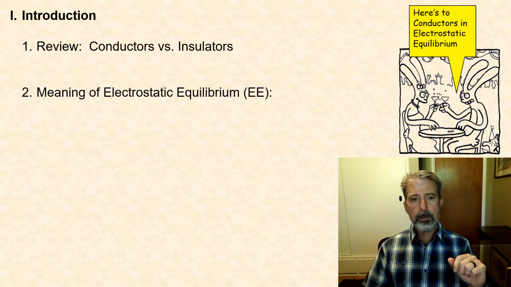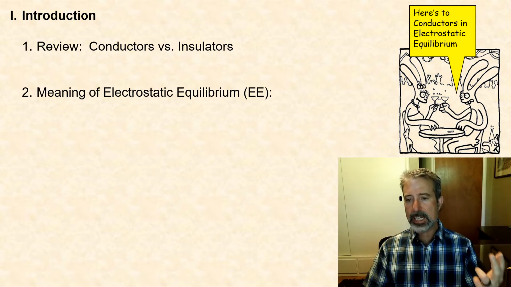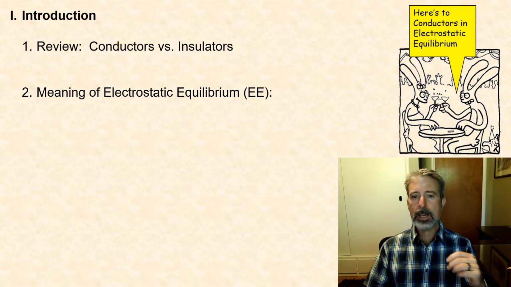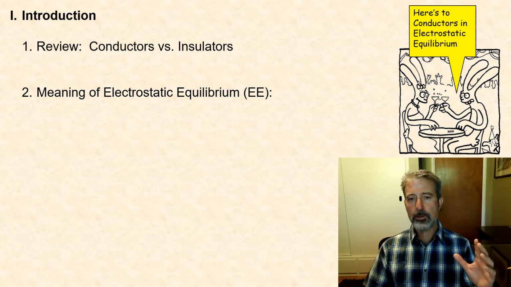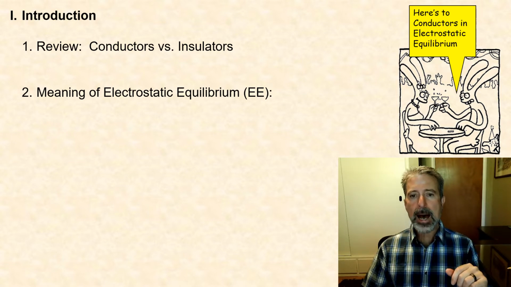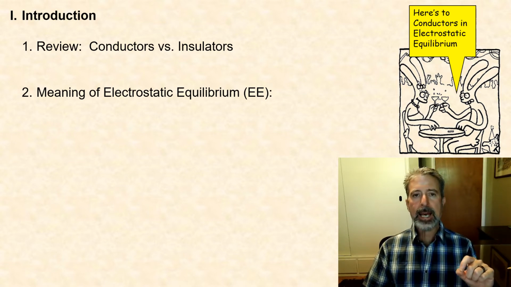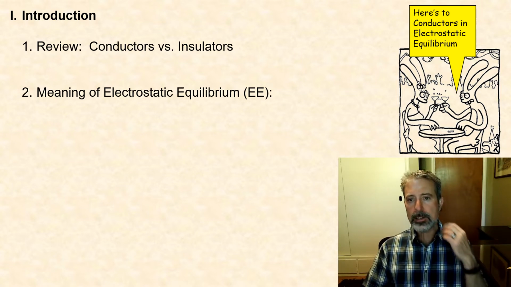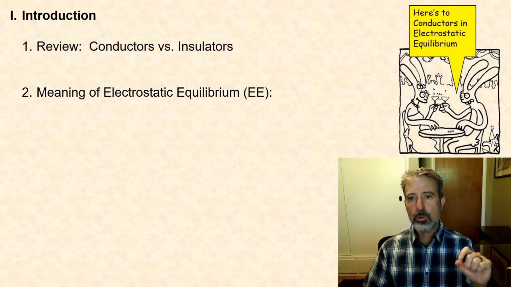So when we talk about a conductor being in electrostatic equilibrium, and we'll use the symbol EE for short, just because it's a lot of writing time and we've got other things to do in life. Let me ask you first to think back to your course in mechanics. Think to what we meant when we talked about static equilibrium.